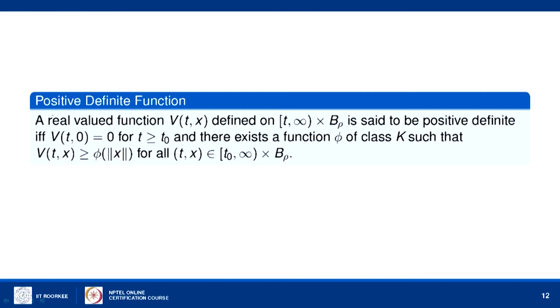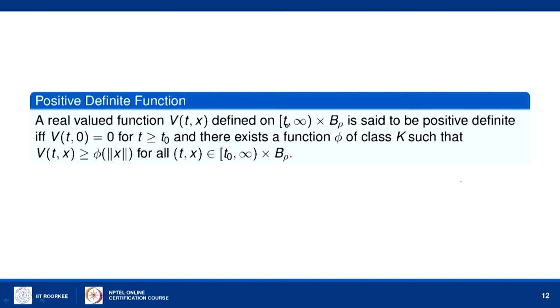So, for doing that, first we define what is the meaning of positive definite function for a function depending on t also. V of t comma x is defined on the interval from some initial time t0 to infinity, cross the ball B rho, the neighborhood of the origin.